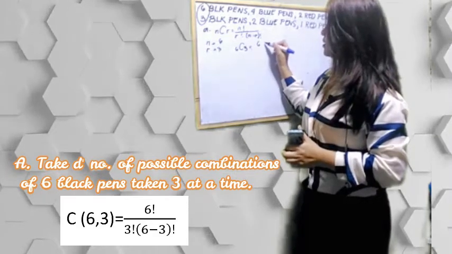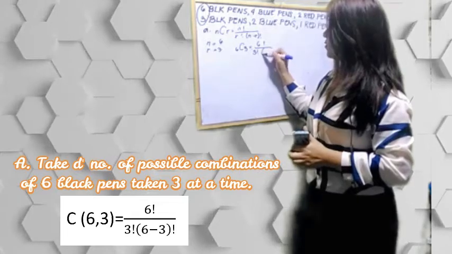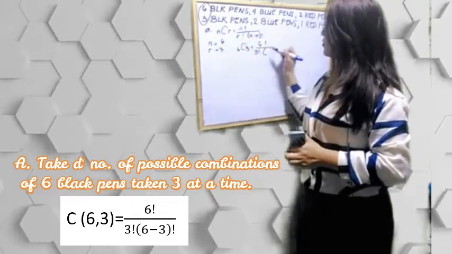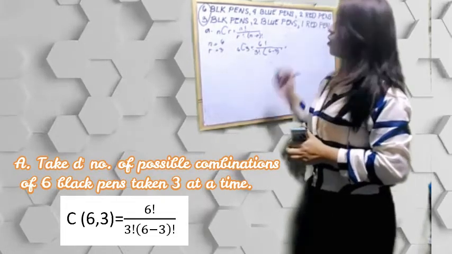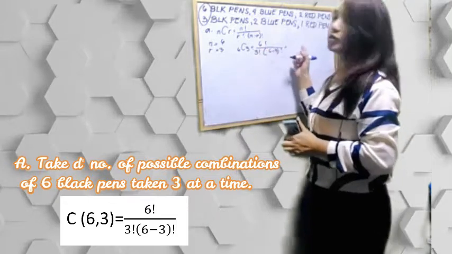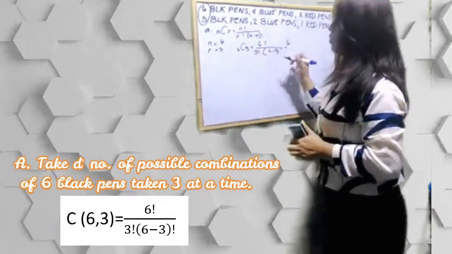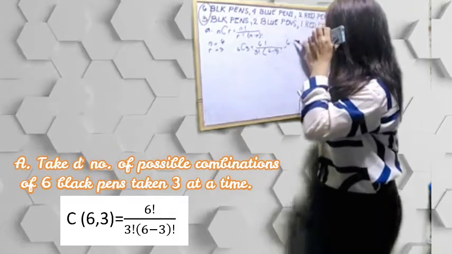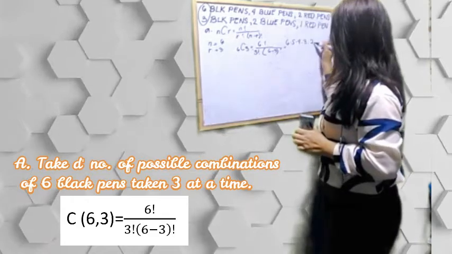That will be 6 factorial over your r, which is 3, that's 3 factorial times 6 minus 3 factorial. Actually, you don't need to expand this up to its last digit, but if you want, 6 factorial expanded will be 6 times 5 times 4 times 3 times 2 times 1.